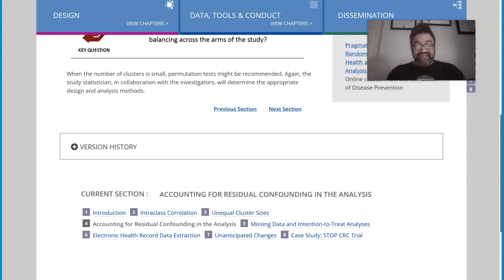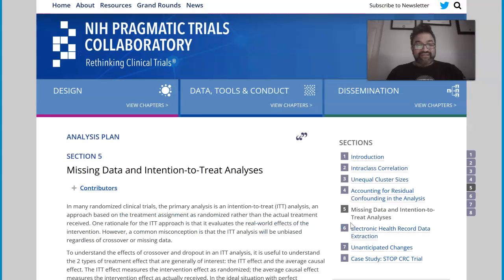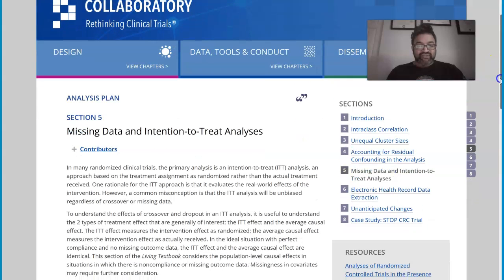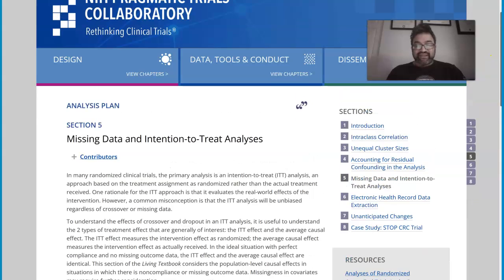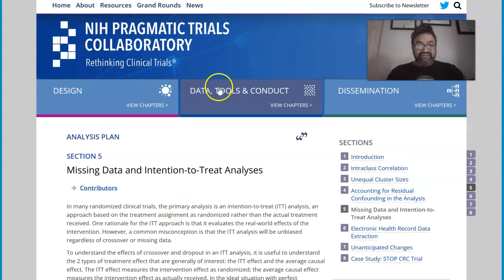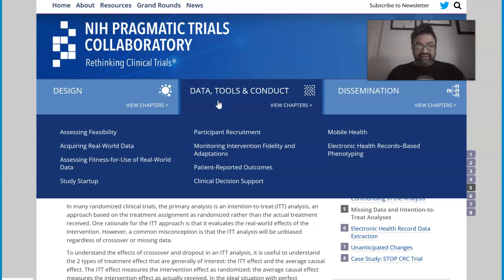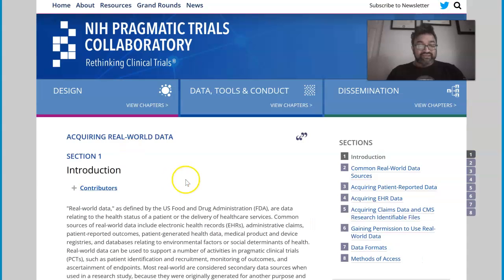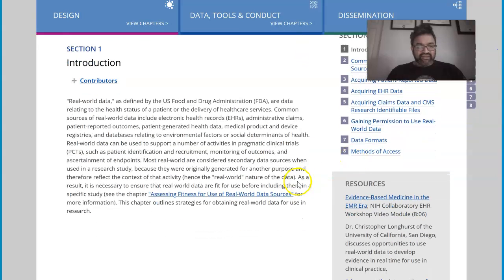But the idea is for you to understand that there's more out there than just a randomized controlled trial, and that these pragmatic clinical trials are in fact something that is being put in place. And there are examples of real life embedded data, and how you acquire this real world data is you try to look for different data sources.